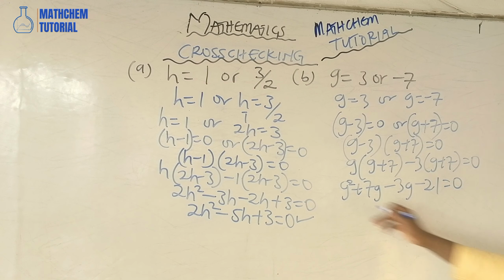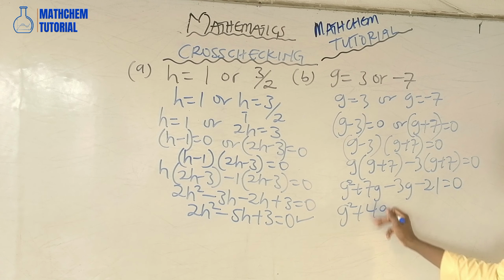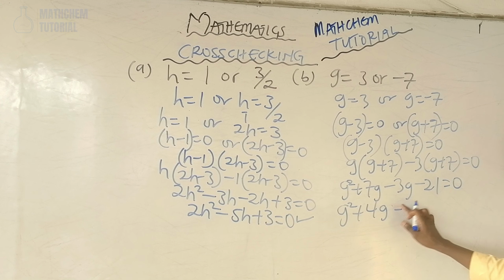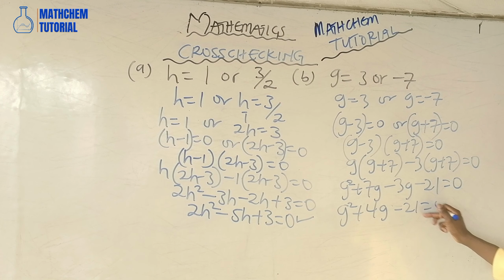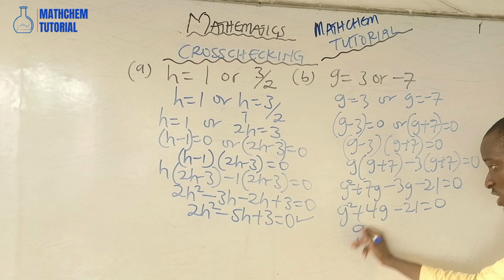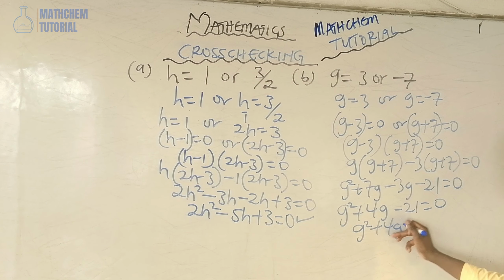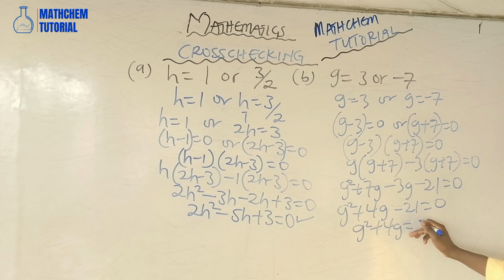So I can now have it as g squared plus 7g minus 3g, that is plus 4g, minus 21 equals to 0. So I can rearrange it to exactly the way they gave me the question at the beginning, which is g squared plus 4g equals to, when this one comes to this side, it becomes plus 21. It is correct.